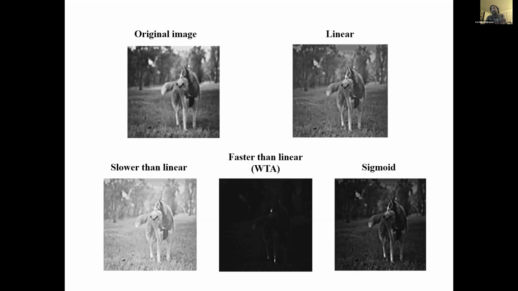The faster than linear, I was surprised, converged really fast. You only see a few white patches on the image, which are the brightest spots. And the sigmoid is kind of the best of all worlds. It removes certain components and then amplifies some. So this is how we apply it to the visual part in a spatial sense.